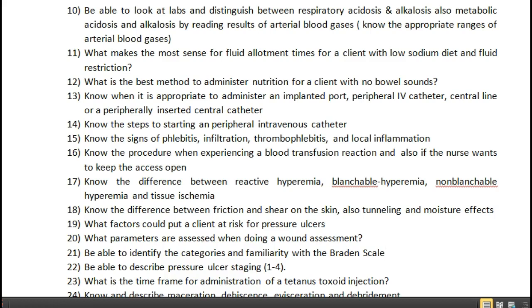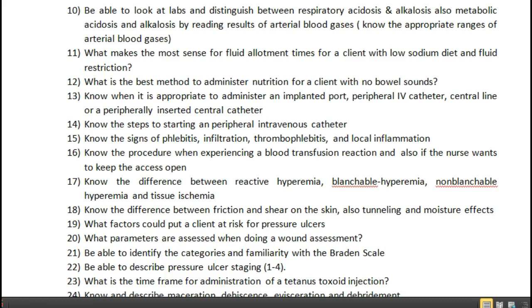And then you want to look at people having problems with it down the line, so you want to be careful. Peripheral catheters are mainly for short-term use. Peripherally inserted central catheters or implanted ports are for longer-term use.